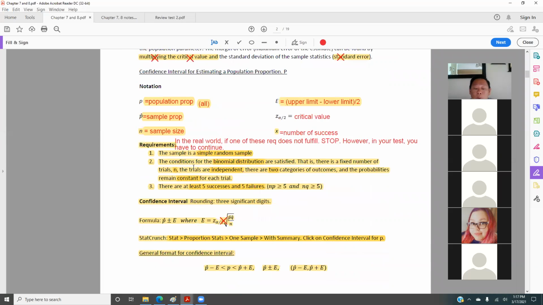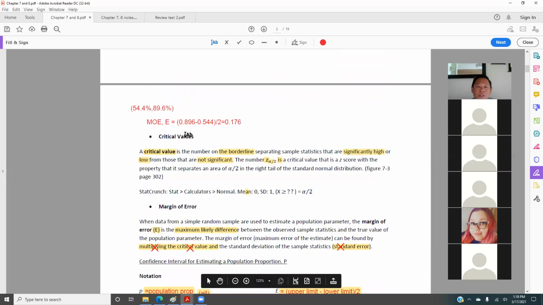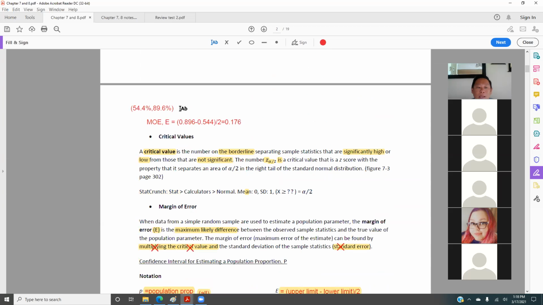There are three ways for us to write your confidence interval. StatCrunch always gives you the lower and the upper limit. You can also write this as 54.4% less than P less than 89.6%.